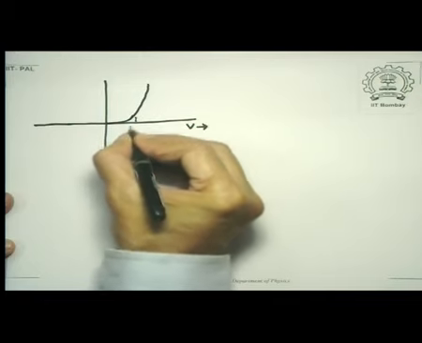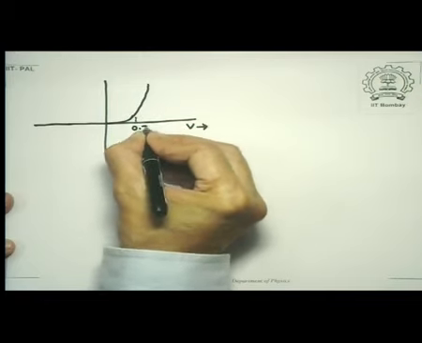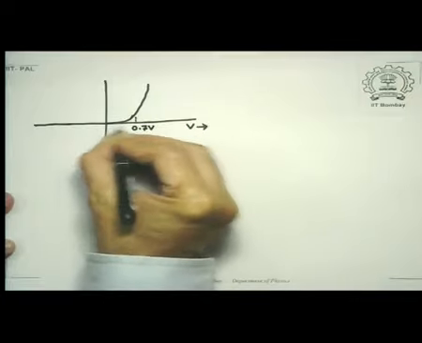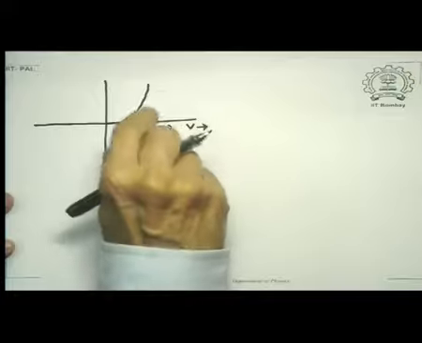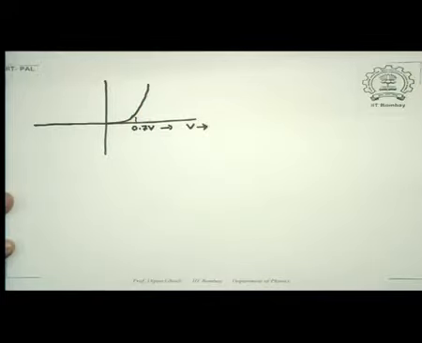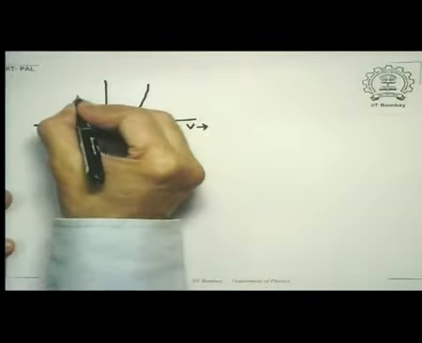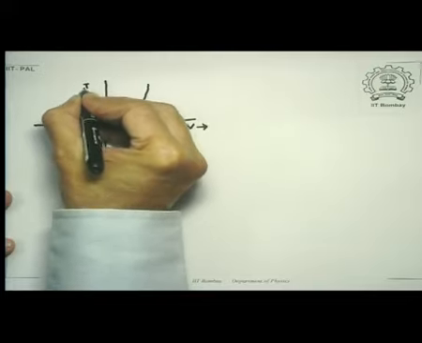This threshold for silicon is 0.7 volts. So that's the type of scale we are talking about, and this scale is about 1 or 2 volts. In this case, the current I is in milliamps.